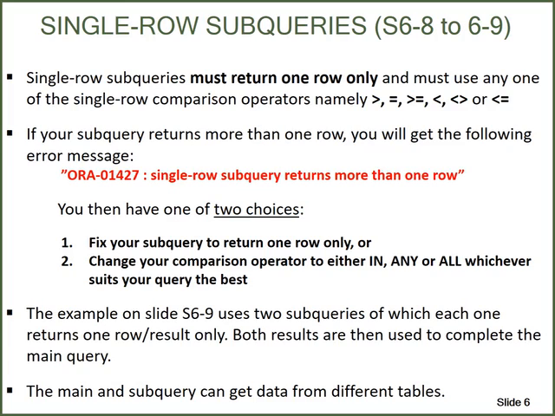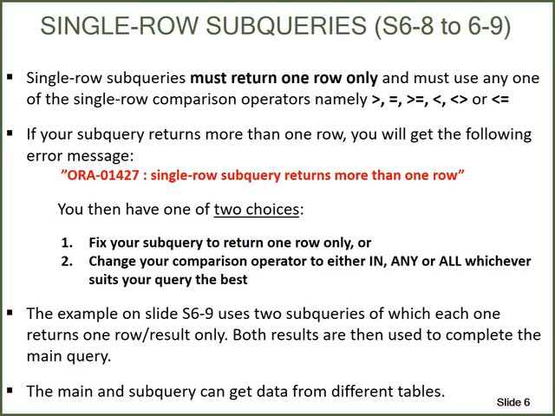Now you would have seen that if you execute your subquery first, and it gives you one row, then it's fine. It's a single row subquery. But if you execute your subquery and you get more than one row of results, then you know you've got a multiple row subquery. That is why you have to know whether you've got a multiple row or a single row subquery.